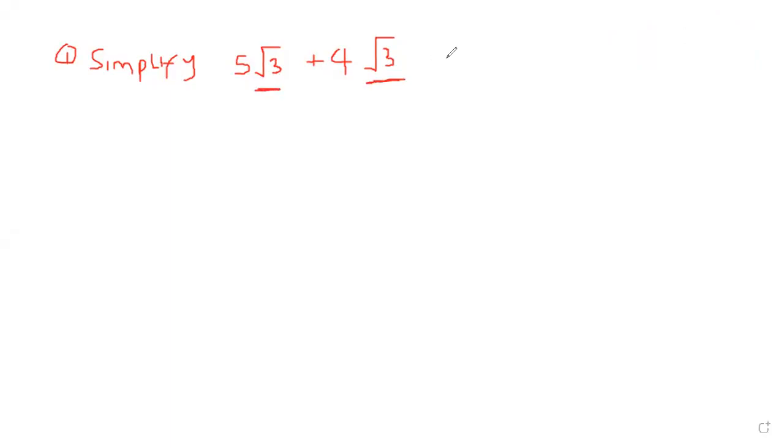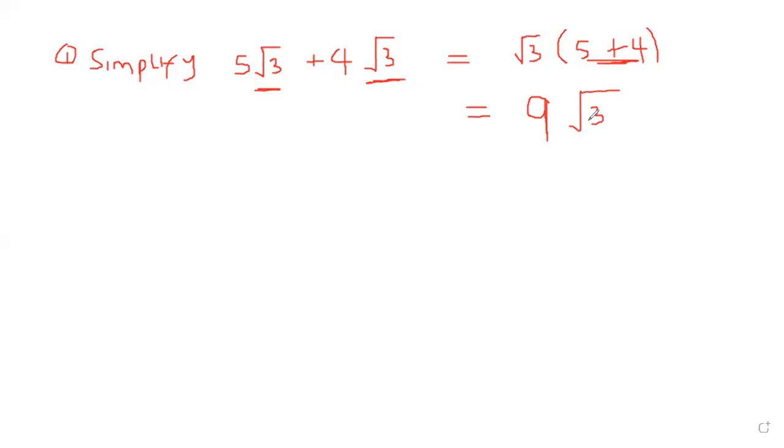So we can take the square root of 3 out, and then we have 5 plus 4. Next we solve what is in brackets. 5 plus 4 is 9. Usually you write that in front of the surd, so 9 root 3 will be our final answer. It's quite simple.